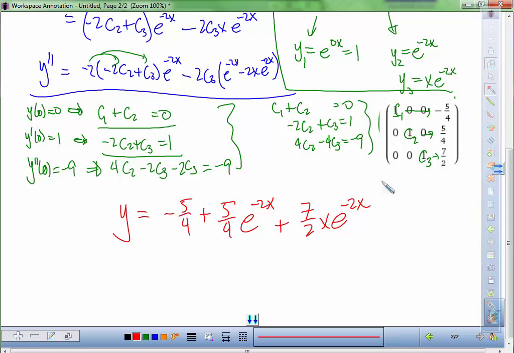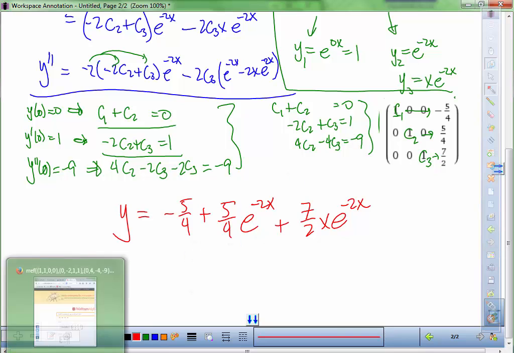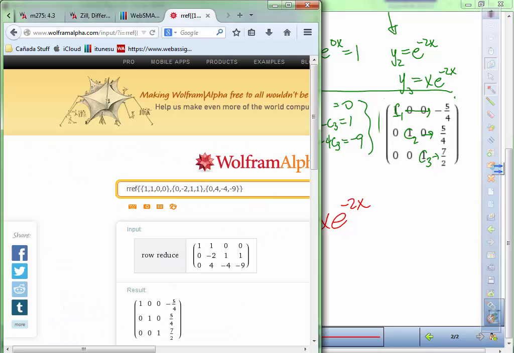Okay, so any way you can solve a 3 equations and 3 unknowns linear system, whether you do it by hand or using matrices or just plugging it into a computer, hopefully we get the same answers. And hopefully this is correct.